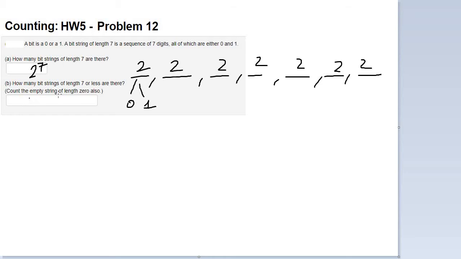Part B, how many bit strings of length 7 or less are there? So this time we're going to use our template of 7 coordinates again.